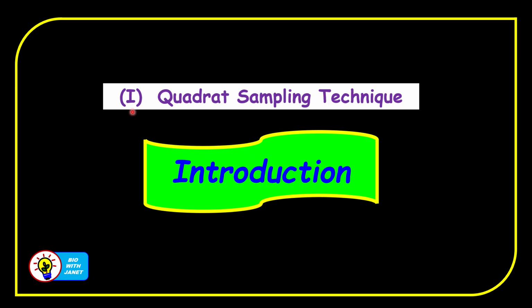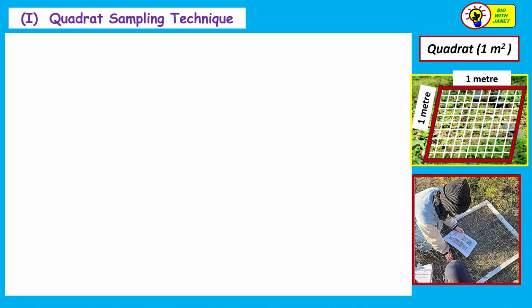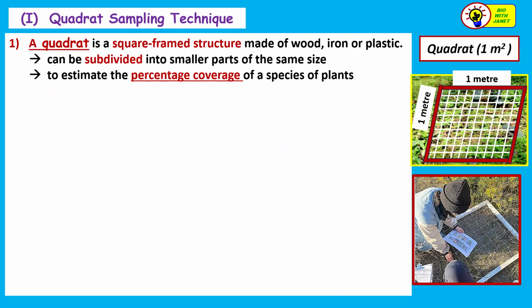Now we'll find out more about the quadrat sampling technique. So here's the introduction. The quadrat sampling technique. What is a quadrat? A quadrat is a square frame structure made of wood, iron, or plastic, and sometimes it can be subdivided into smaller parts of the same size by using strings that are placed horizontally and vertically to divide the quadrat into smaller squares.